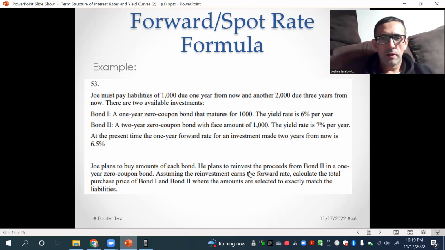Okay, so he plans to reinvest the proceeds from bond 2 in a 1-year zero coupon bond. Assuming the reinvestment earns the forward rate, calculate the total purchase price of bond 1 and bond 2, where the amounts are selected to exactly match the liabilities.